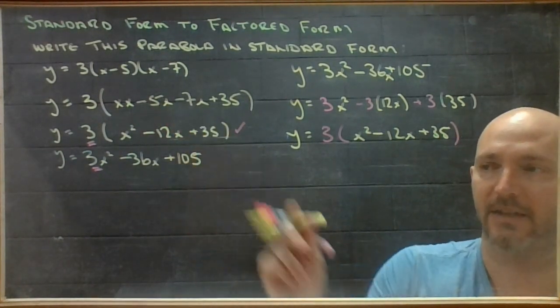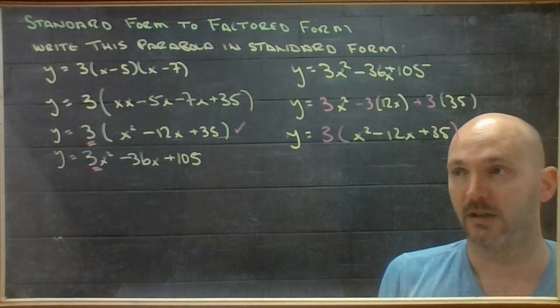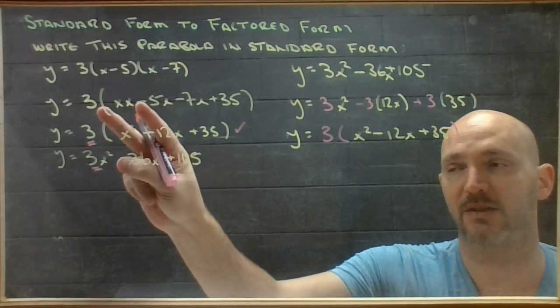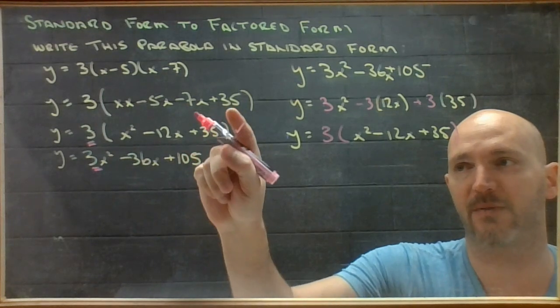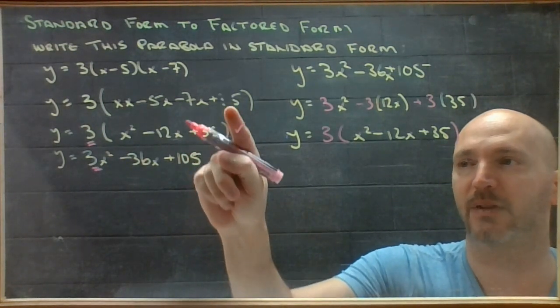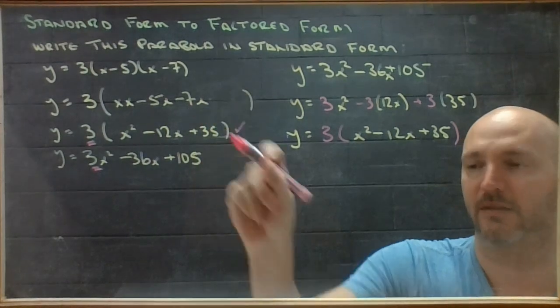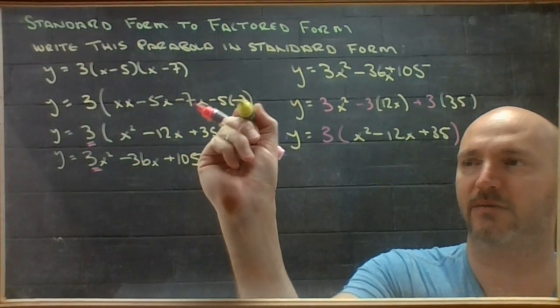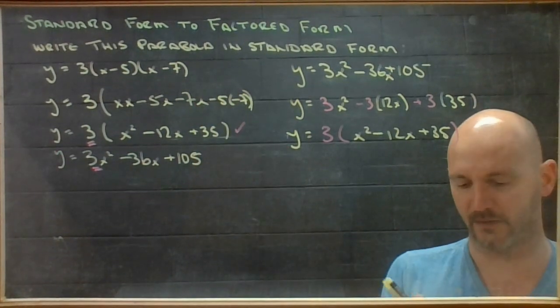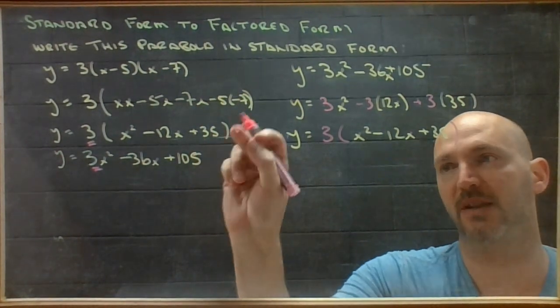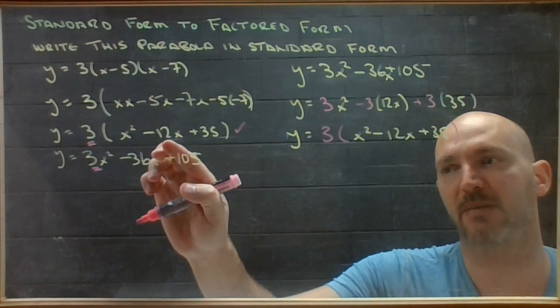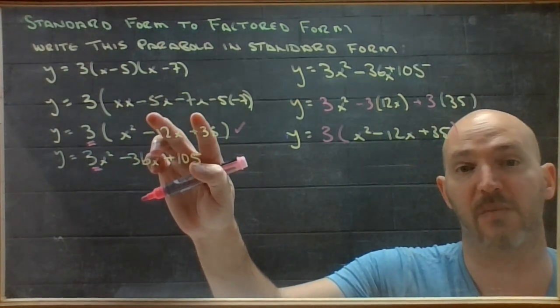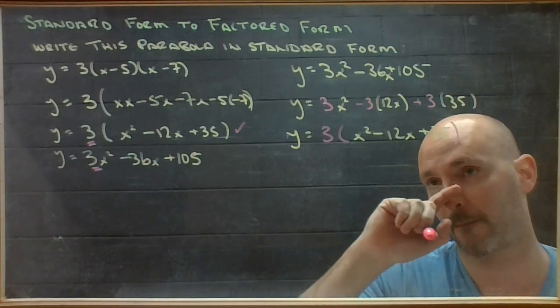To get to this stage here, I had to split the x squared into 2 x's. You left the 35 alone. Oh, actually, that was written as -5 times -7. You have to split this into two things multiplying each other, and you had to split this so that those two things would combine with adding or subtraction.